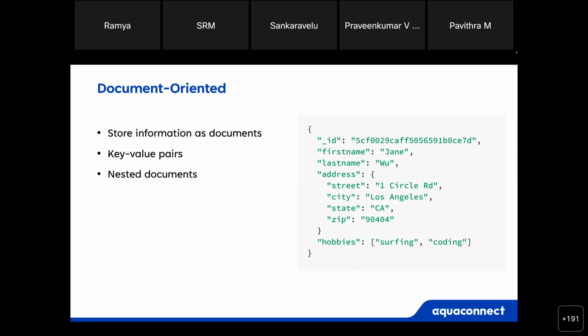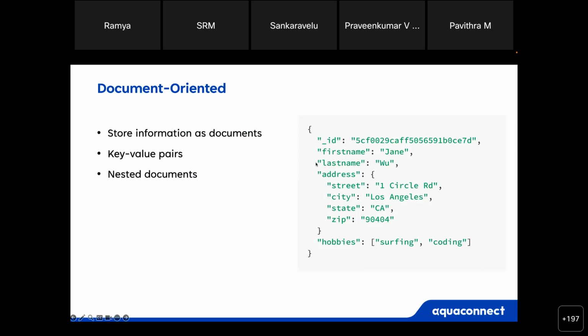What is document oriented? The data is stored as a document, so it is called a document database. MongoDB stores multiple key value pairs, and it has nested document support. Nested document support means you can store a document within a document.